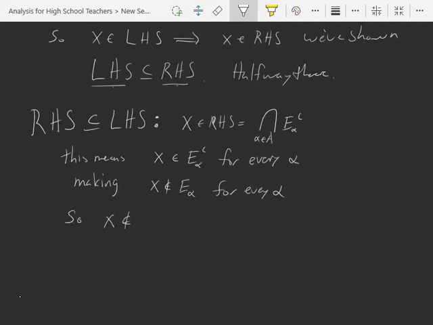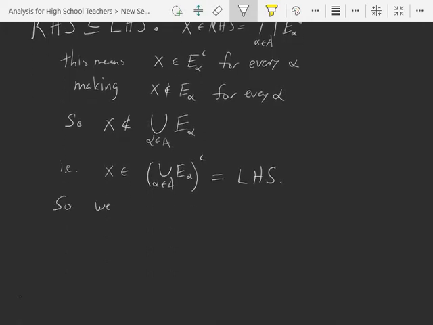So x is not in the union of the E sub alphas, i.e., x is in the complement of the union. And that's the left-hand side.